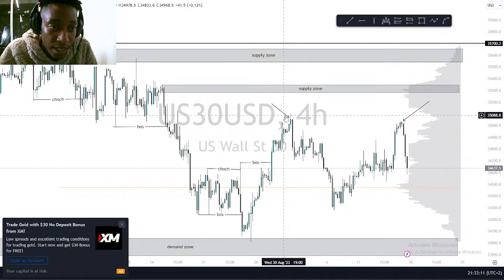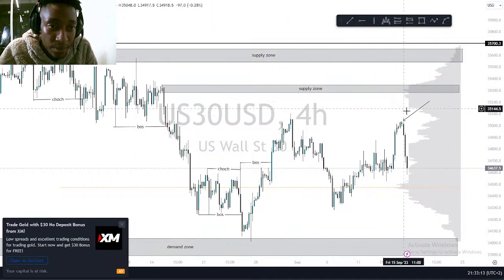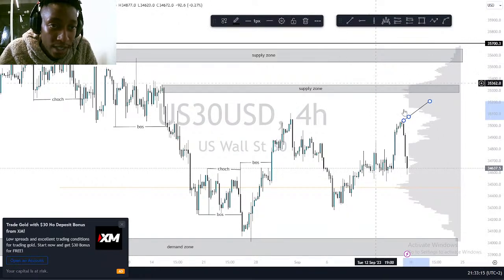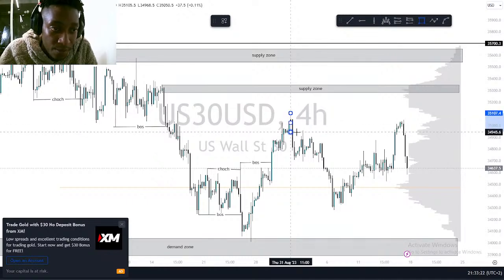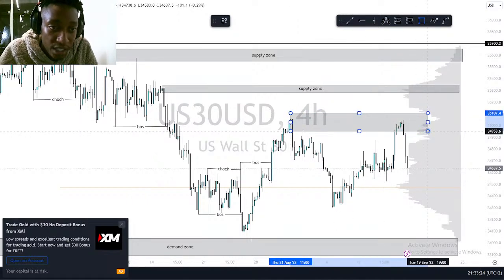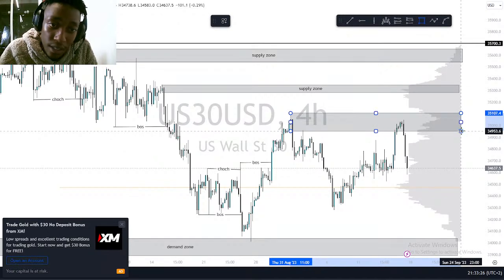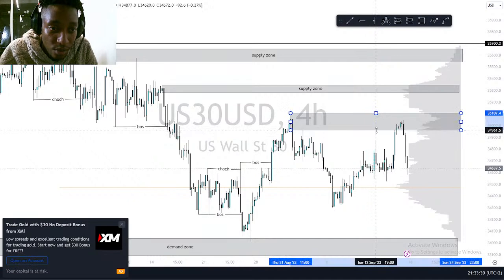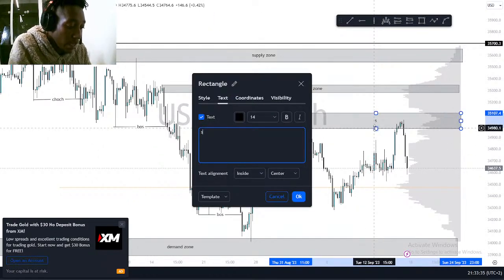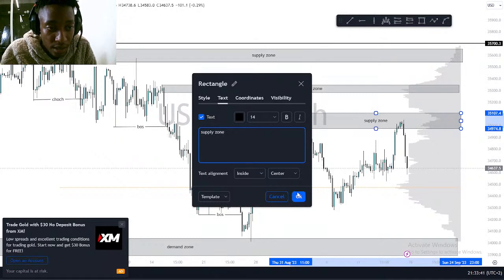But exactly here on this zone, it also gave us the last bullish candlestick before the push to the downside for us to use as a supply zone.